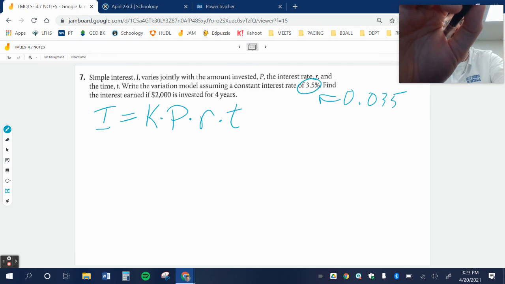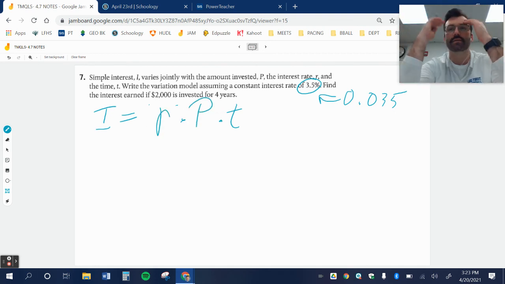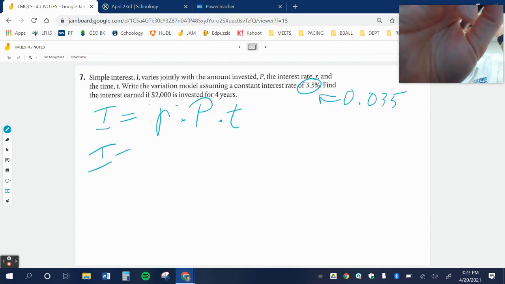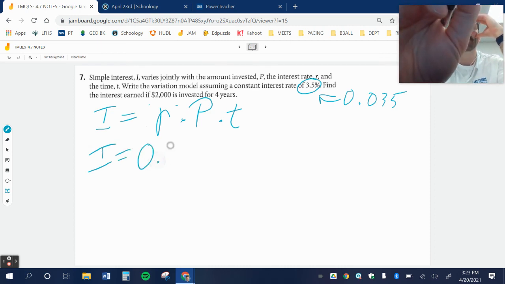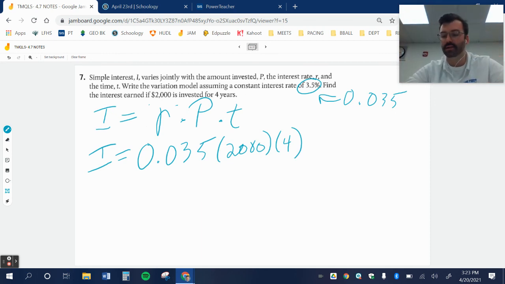I made a mistake here. This R is our multiplier. All right, this R is our multiplier. R is our multiplier times PT. That is the amount invested with the interest rate. R is the multiplier. R is our K value. That's what we want to use. If initial amount invested is 2,000 over 4 years, just like that.